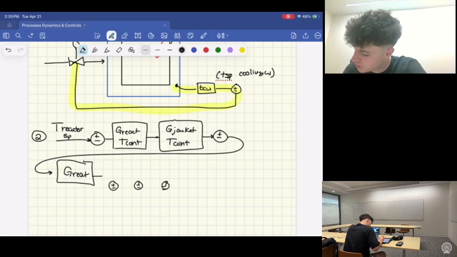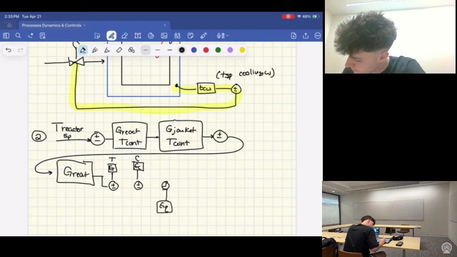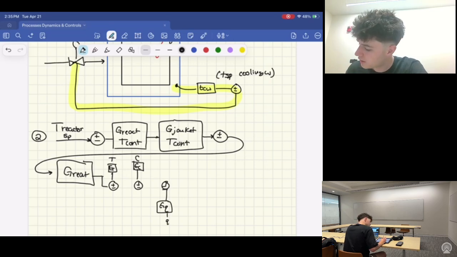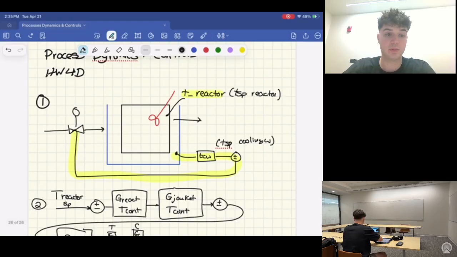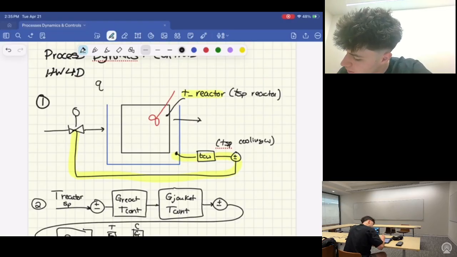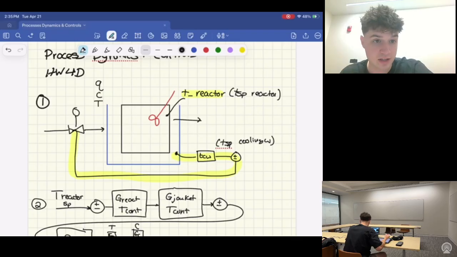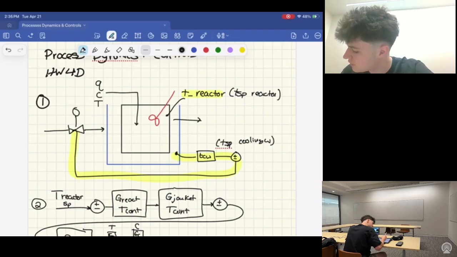The first being GT, the second being GC, and the third being GQ. Now, the outstream here is going to be the temperature of the reactor. As you can imagine, we need to add some variables to the top, which are going to be Q, T, and C, as we just labeled, and these will be going down into the reactor.